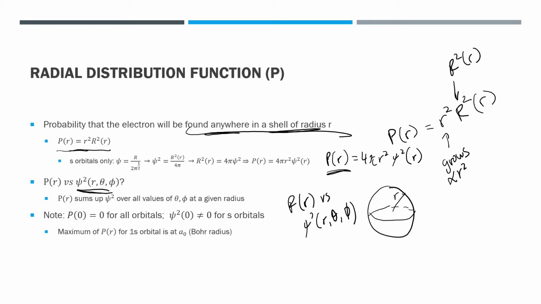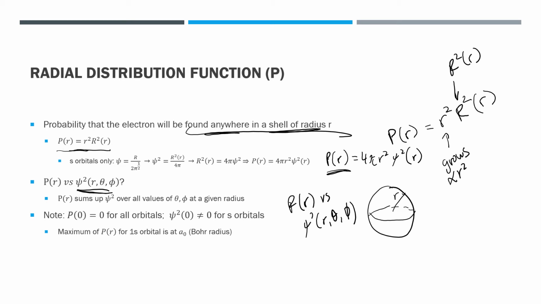So we're ignoring theta and phi and saying, at this radius, sum up all the angles and tell me the probability I find the electron at this radius. Whereas psi squared tells me that at this angle it might be different than at that angle. P of r is just looking at the radius.